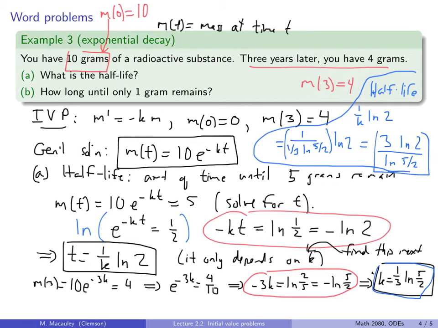And that is our half-life numerically, exactly, not in terms of k, but actually in terms of numbers.